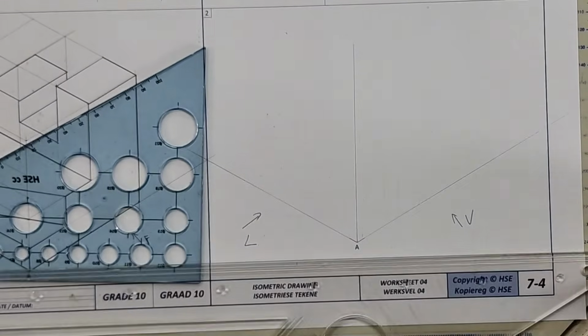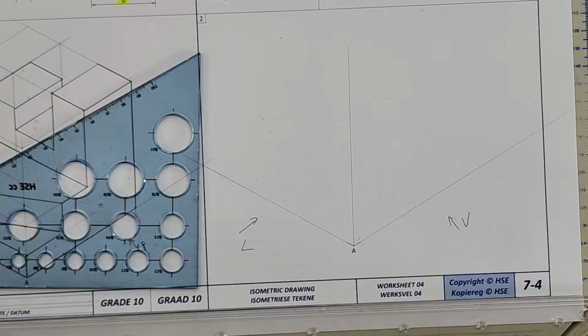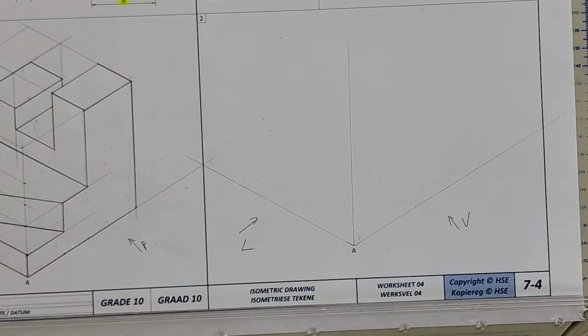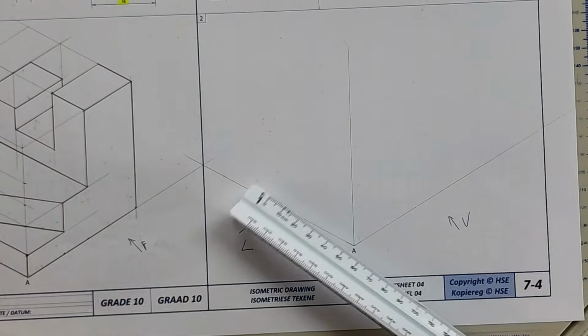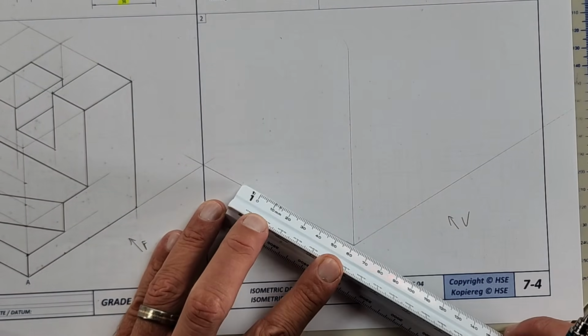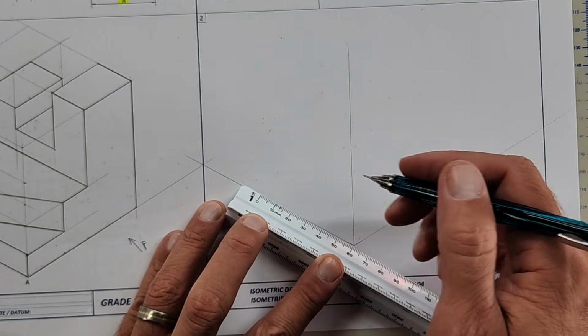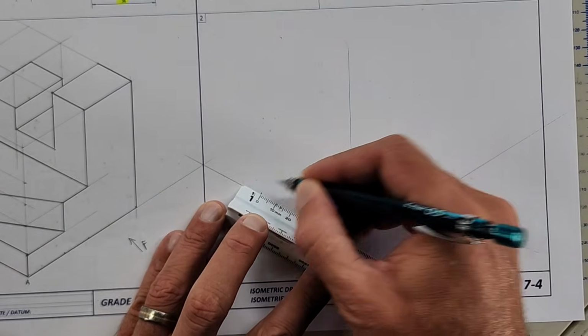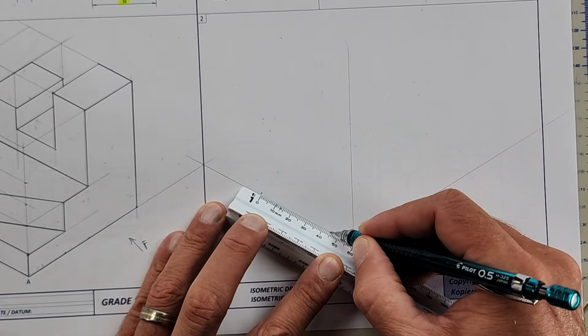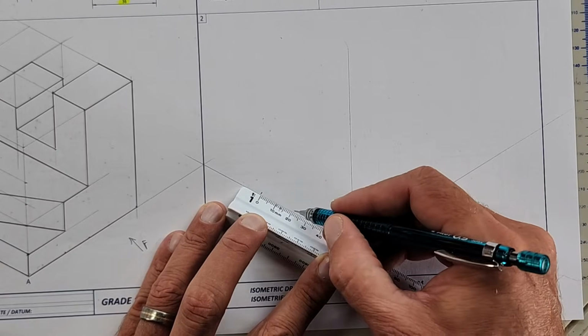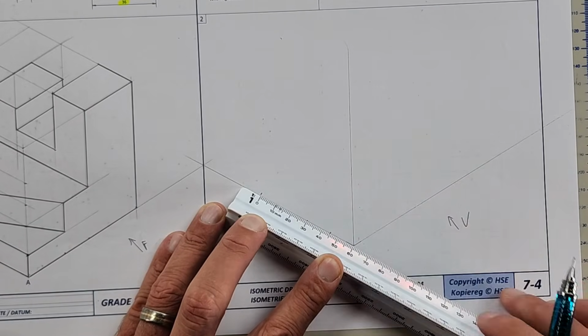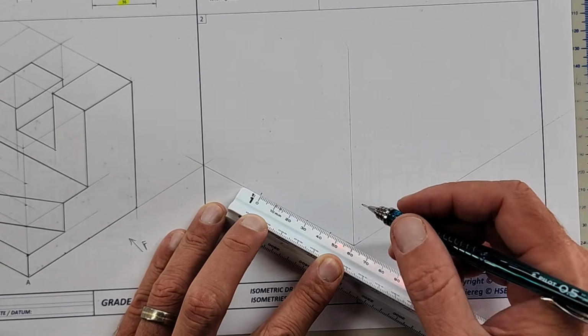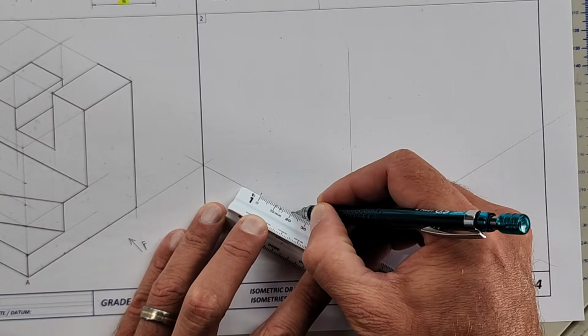Alright, and this is now scale 1 to 1. Did you read that? Okay, so we've got a 60 here. There's also a 15 and there's also a 30. Okay, there's also a 20 and a 20.